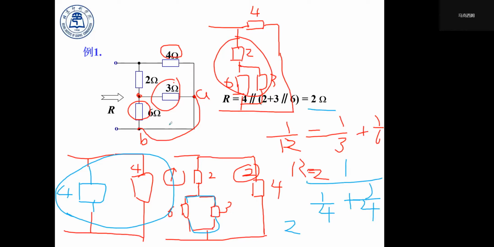So it's very easy. This complex network does not exist any longer. It will be changed into one single 2 ohm resistor, and the current and the voltage relationship will not be altered. That part still remains the same.